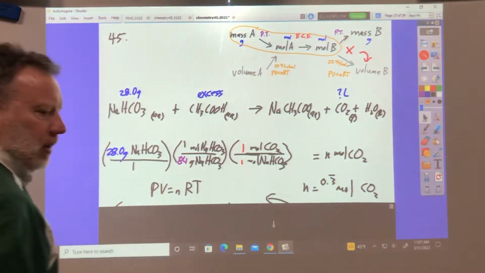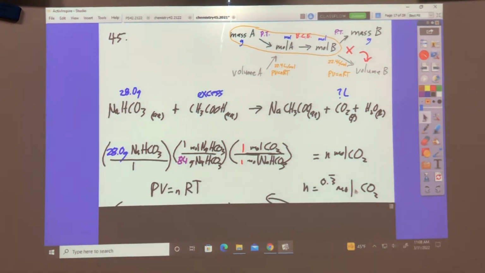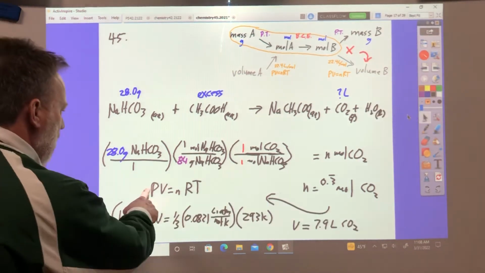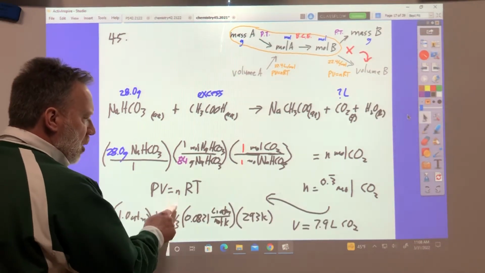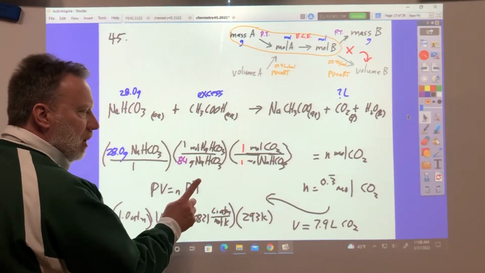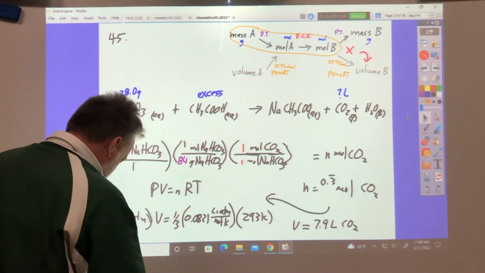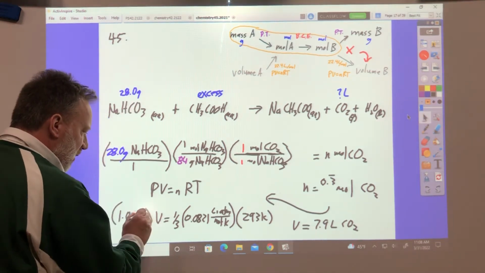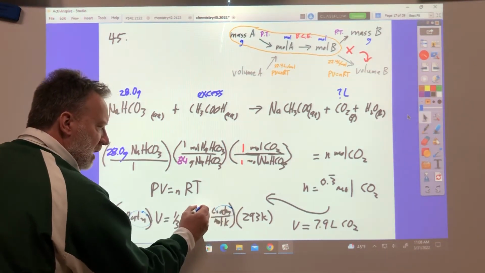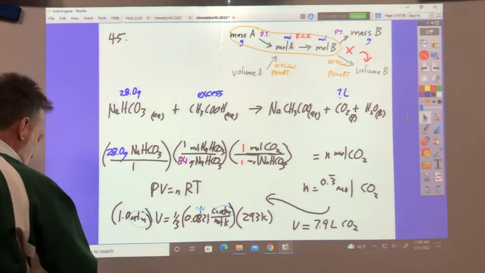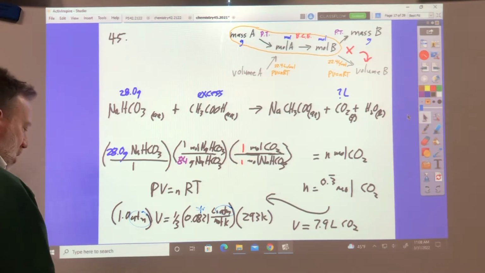We're looking for V. The number that you use for R, if this is atmospheres, is 0.0821 liters times atmosphere divided by mole times Kelvin.